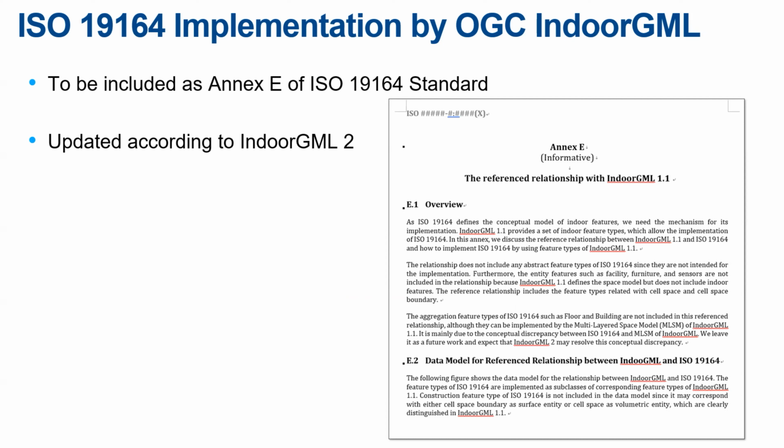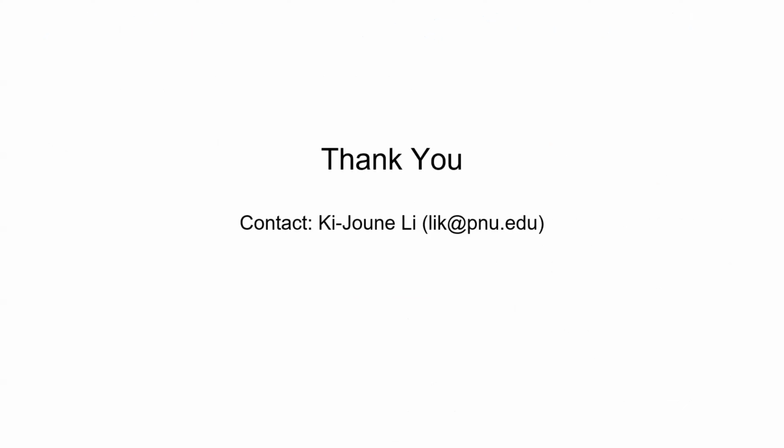We are upgrading IndoorGML from IndoorGML 1.1 to IndoorGML 2, so we may modify this implementation accordingly. This was a very short presentation about how we can implement ISO 19164 using IndoorGML.